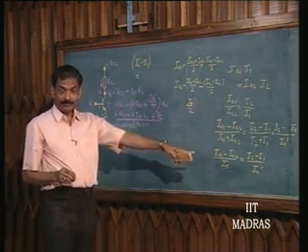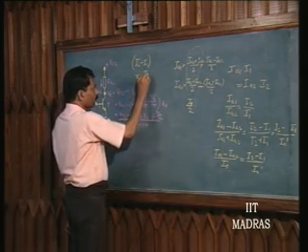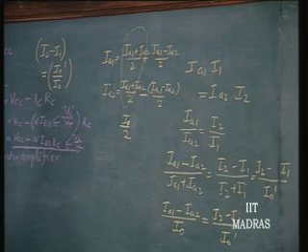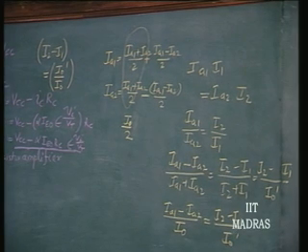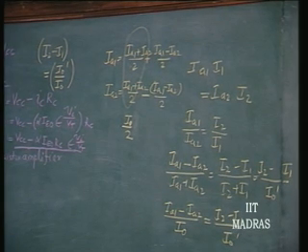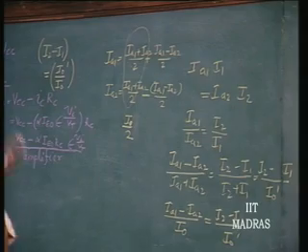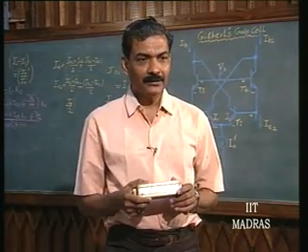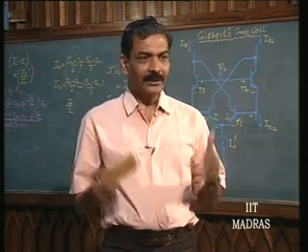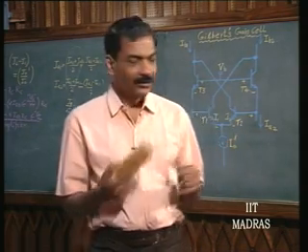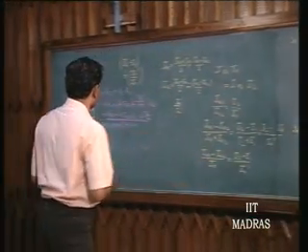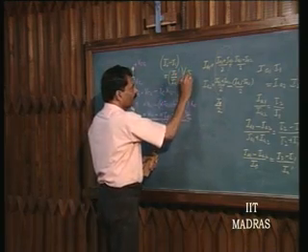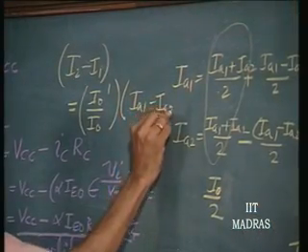I0 prime by I0, which is nothing but ratio of two currents, ratio of two DC currents. So, what happens? It is a constant, it can be controlled by us. Let us come back to that later. Ratio of two currents into IA1 minus IA2, the differential input current.